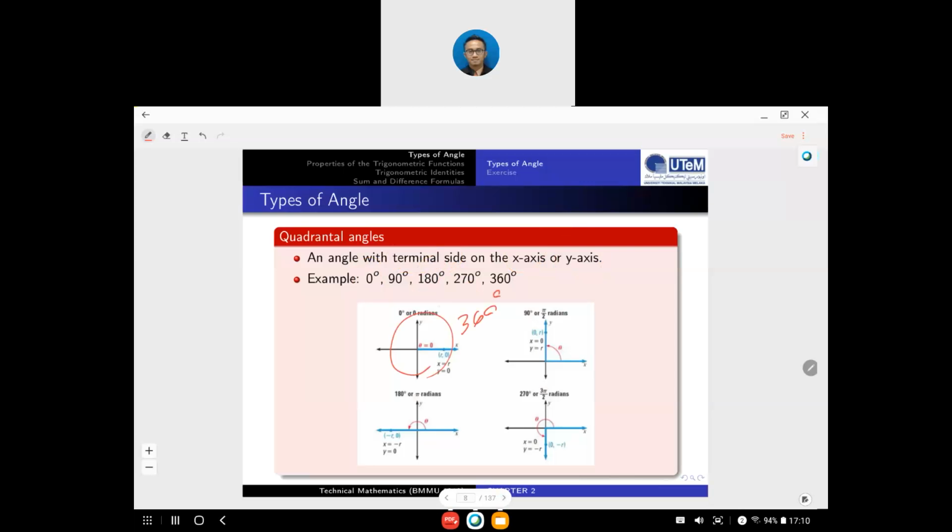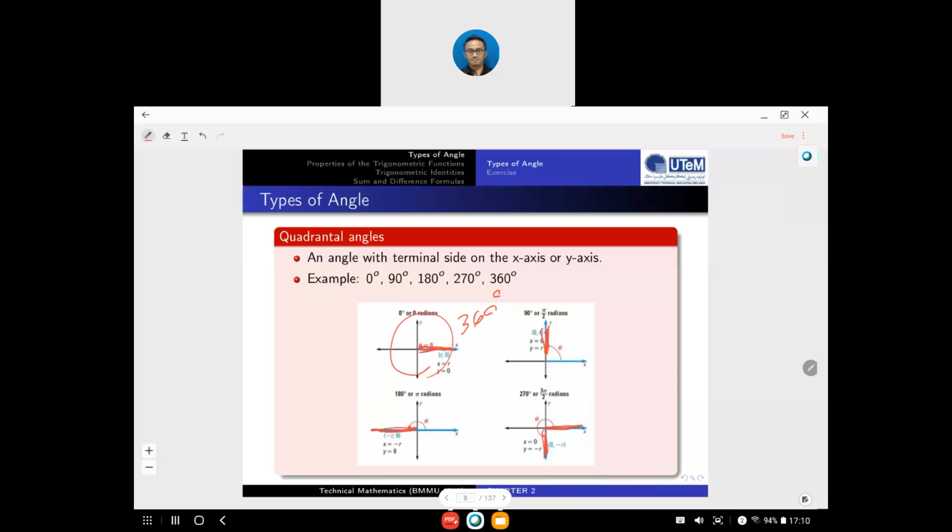Dia duduk tempat yang sama, on the positive x-axis. 90 degrees, positive y-axis. 180 degrees, negative x-axis, and then 270, negative y-axis. The last one is on the x-axis, the same thing as 0 degrees. This one we call quadrantal angle.